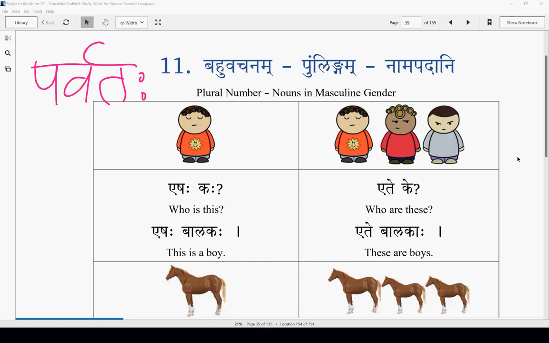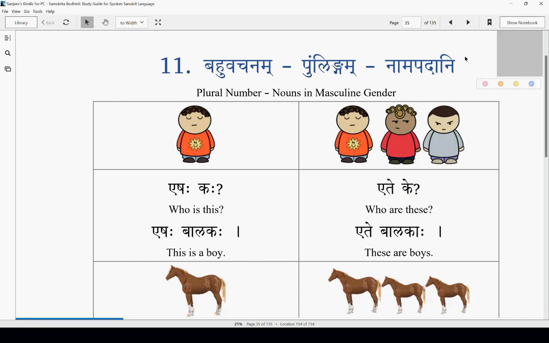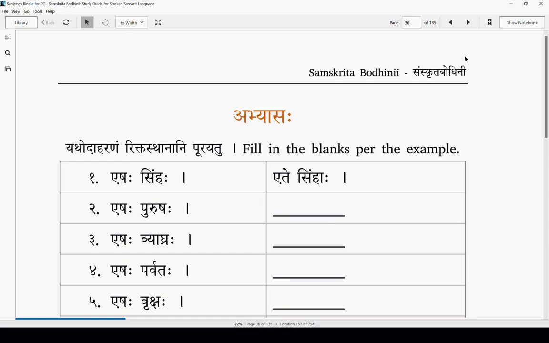Then Ashwaha, Gajaha. Then what else do we have? Acharya, one question. Are we saying ha for convenience? Otherwise, I'm confused between whether to say ha or not sound ha but expel the air.